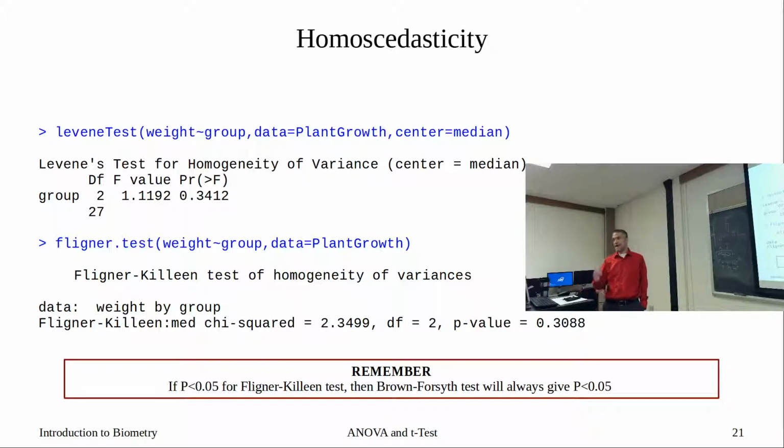That assumes that we're normally distributed. If we're not normally distributed, you can't trust this, because we could be getting a bad Brown-Forsythe measure. But if we're normally distributed and we run a Fligner-Killeen test and the p-value is less than 0.05, you'll always get a p-value less than 0.05 for Brown-Forsythe. That's just the way the power works.